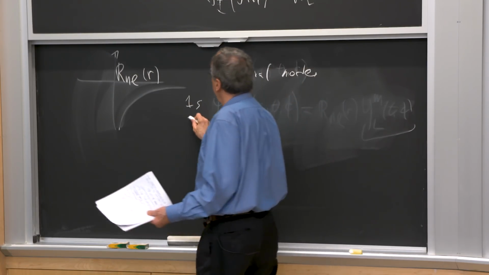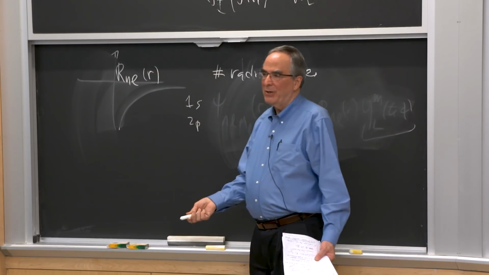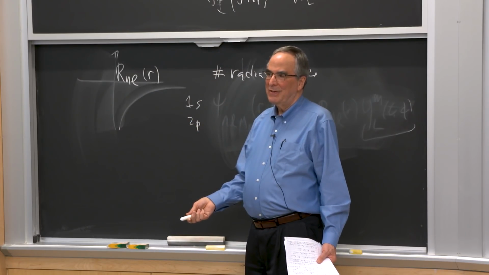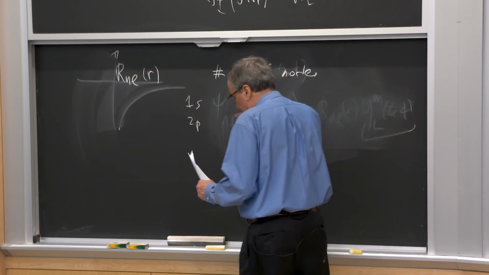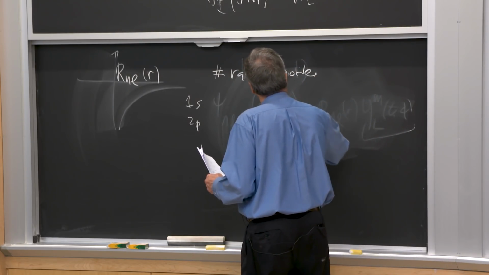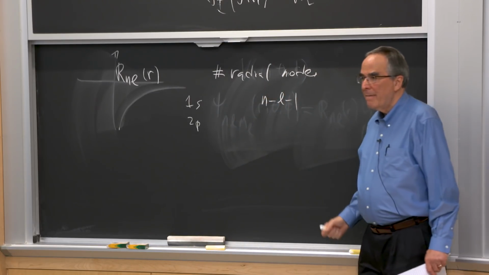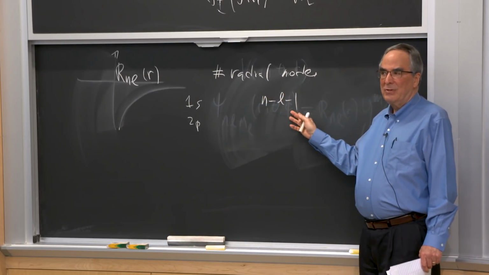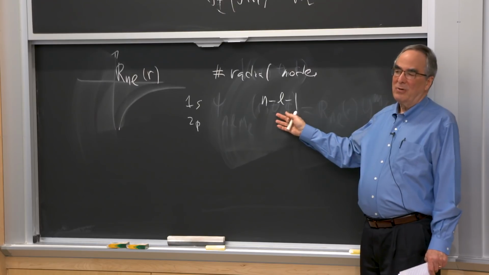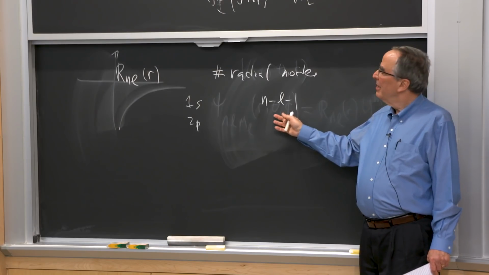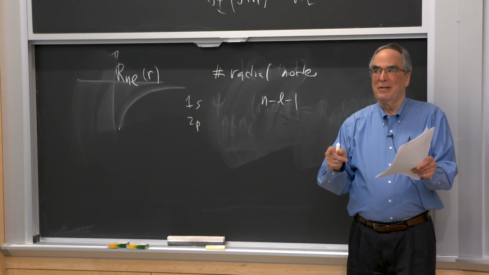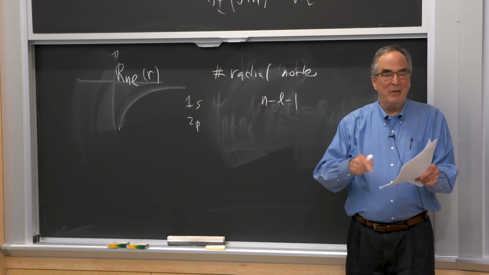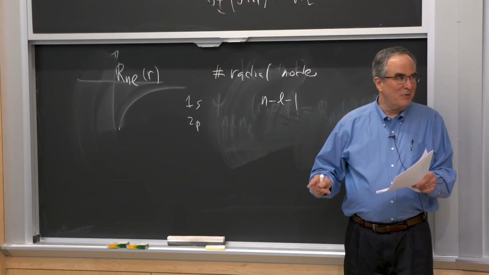And you know for 2p, there aren't any radial nodes. And so what we need is something that goes like n minus L minus 1. The number of radial nodes, which is all you need to know about the radial wave function, is how many nodes there are, how far apart they are, and what's the amplitude of each loop between nodes.